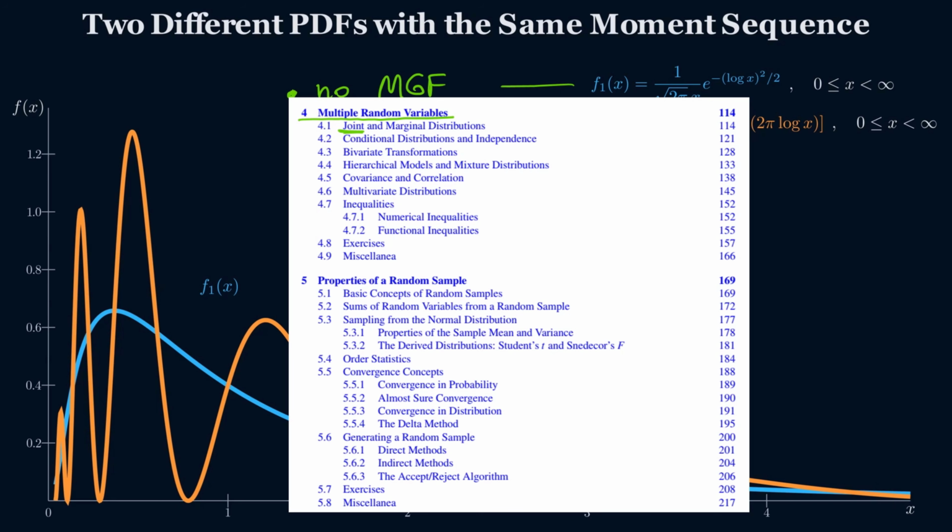We'll start by introducing what the joint distribution is, which will allow us then to define what independent random variables are, what dependent random variables are, and that will be the first time that we will tackle problems involving more than one random variable that are not simple deterministic functions of each other.